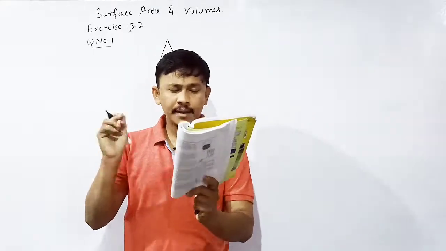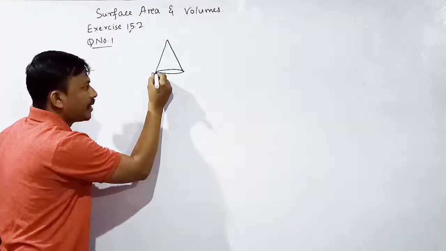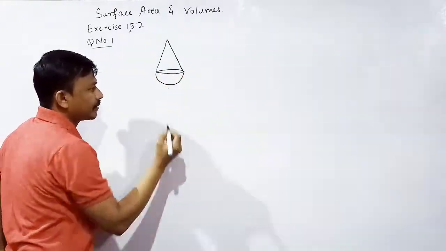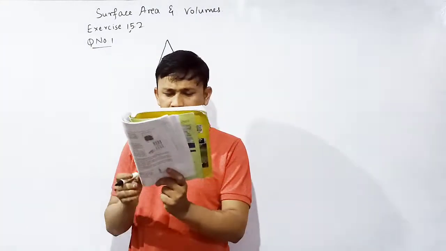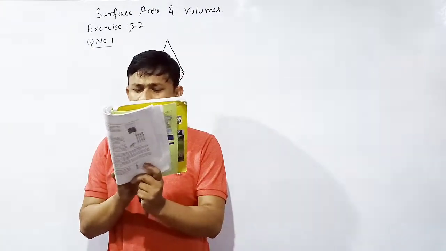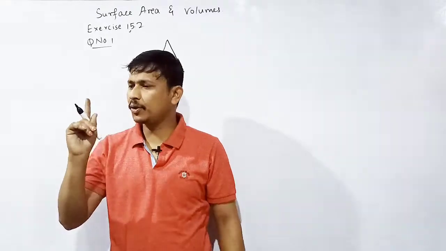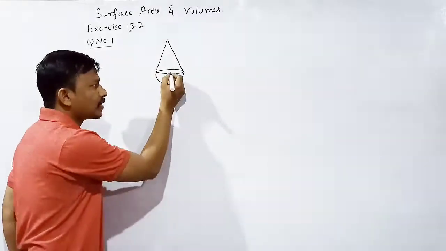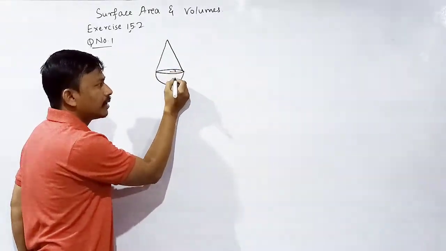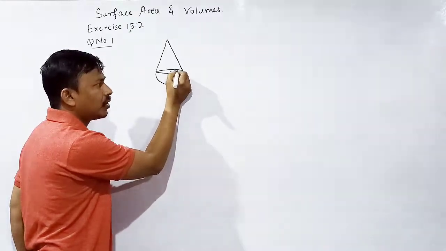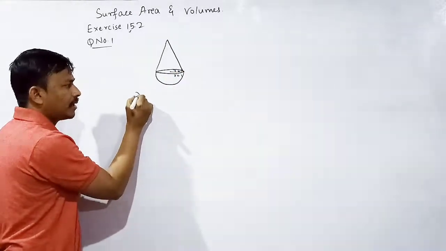standing on a hemisphere, with both the radii being equal to 1 centimeter. Radius of cone and radius of hemisphere are equal to 1 centimeter.